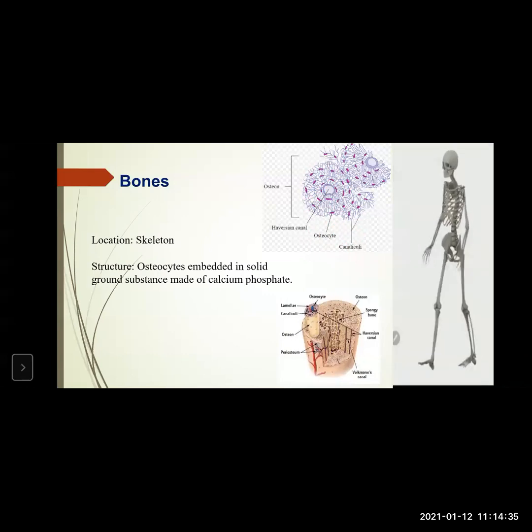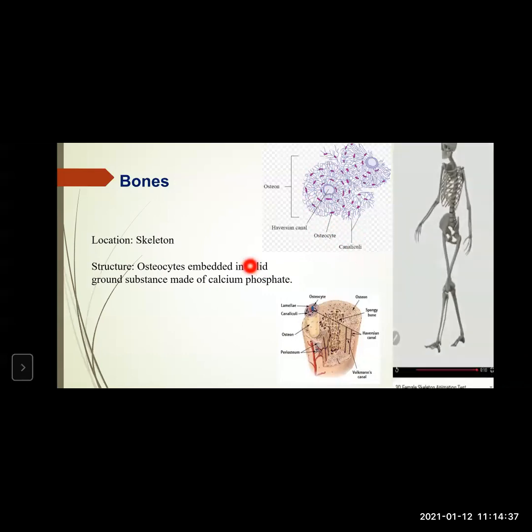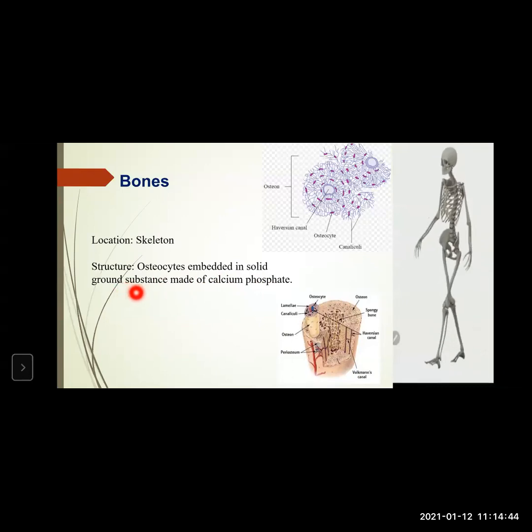So what does the bone consist of? The bone consists of osteocytes embedded in a solid ground substance made up of calcium and phosphate. You have all seen bones, and they are present within your body, the hard structure which gives shape to our body, because of which we are able to stand, walk or run.